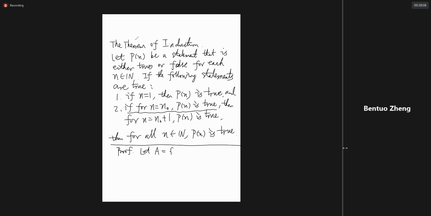So let A be the set of all natural numbers k so that Pk is false.